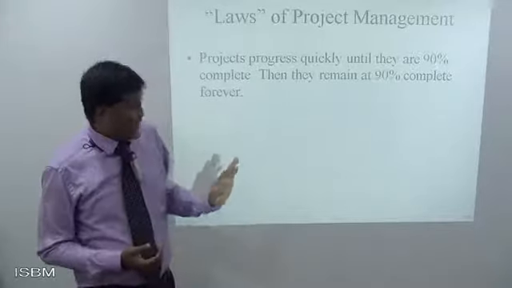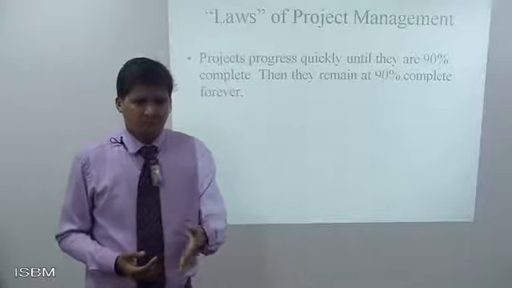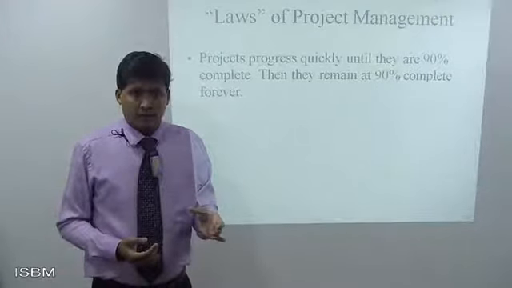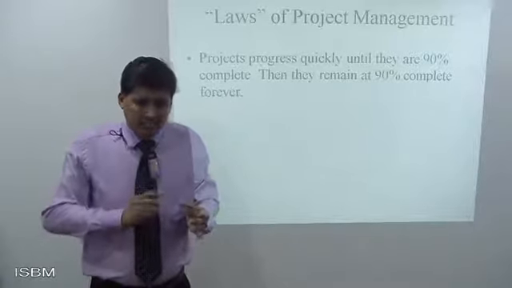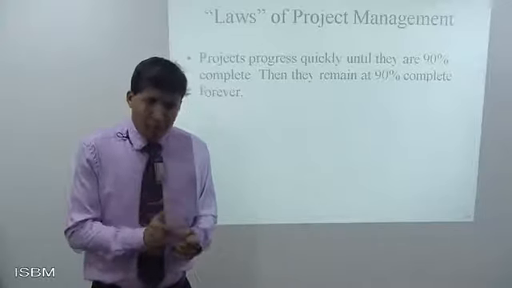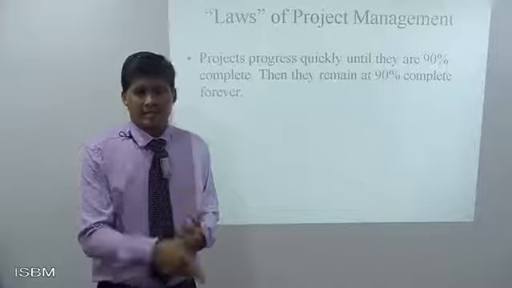So when we speak of 90%, the point to be figured out is that the last 10% to be covered for a project requires that extra momentum, that extra thrust, that extra bit of effort to go through, is what the message is.